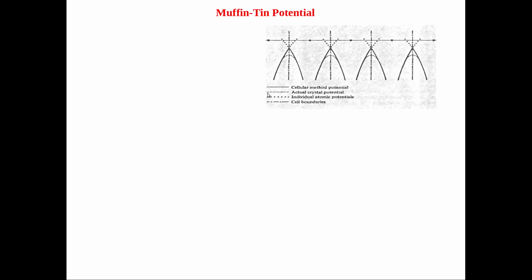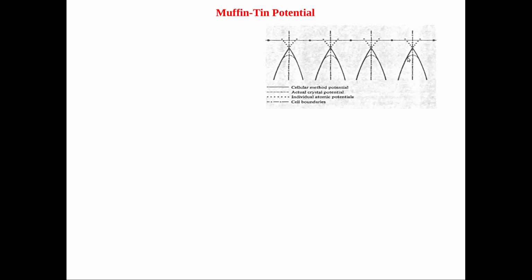Now the actual crystal potential is a sort of dashed line, and this is how it goes. This is the actual crystal potential. Please follow the cursor on your screen. When you reach close to the nucleus, the potential diverges to something like minus infinity.